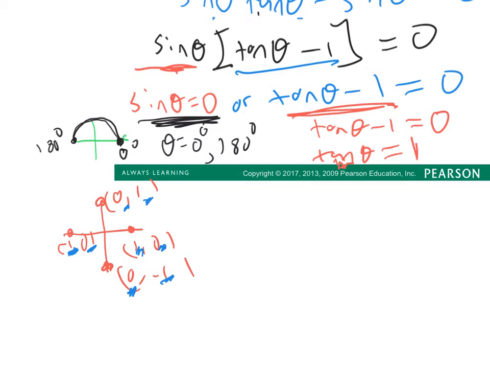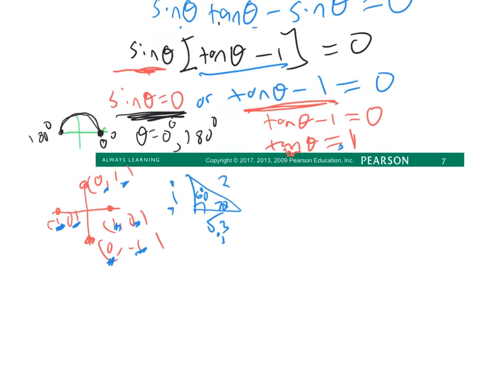Did it happen on a 30-60-90 triangle? 1, 2, square root of 3. Opposite over adjacent, is that 1? No. How about this angle? Opposite over adjacent. It didn't happen there either. Well, I know I've seen it before. What's left?